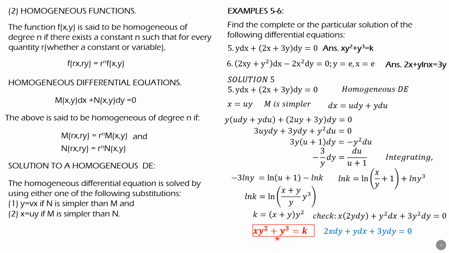Then we have 3y squared dy. Since we divide everything by y, it reduces to 3y dy, then equals 0. So that checks. I want you to obtain the differential, then divide everything by y, and it will be of this form. So that checks the answer.